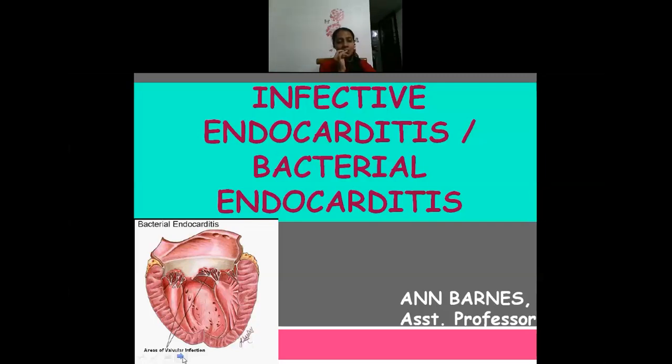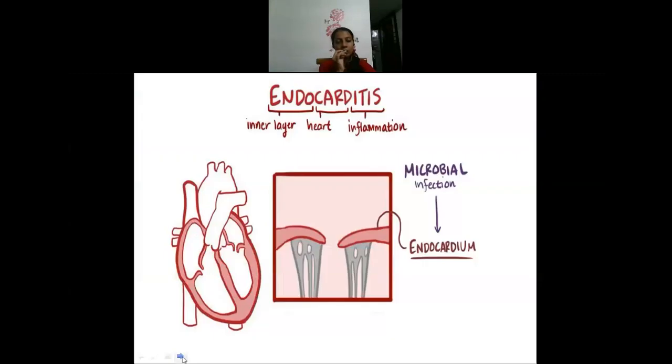We will discuss all this in the etiology. We will come to the etiology and discuss. So moving on to the definition of endocarditis. Endocarditis is nothing but the inflammation of the inner layer of the heart. We already know what is endo. We can divide this term into endo and carditis.